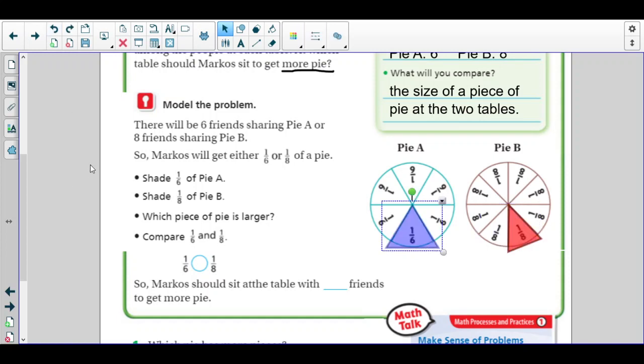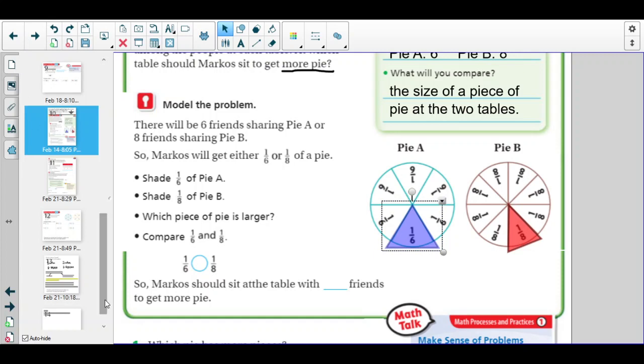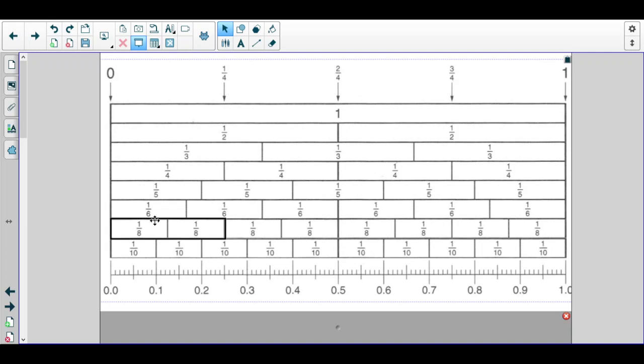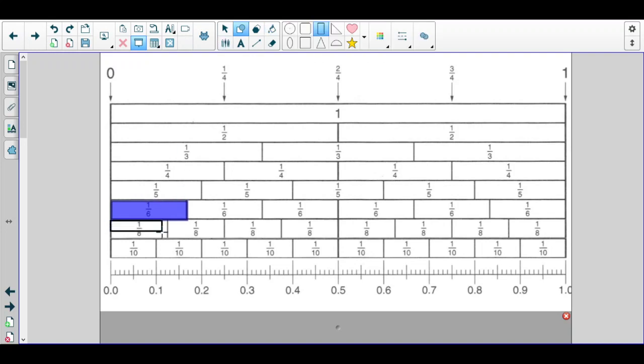All right. We can also use this example here to see that 1/6, which was blue, and 1/8, that was red, that the 1/6 is bigger.